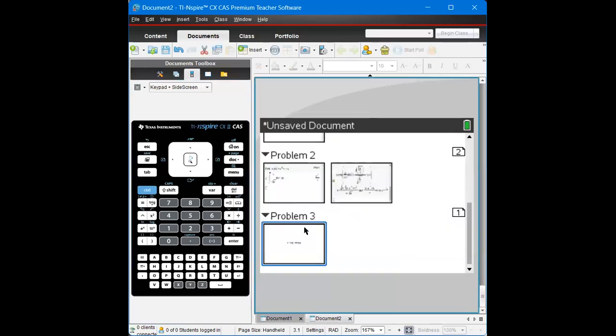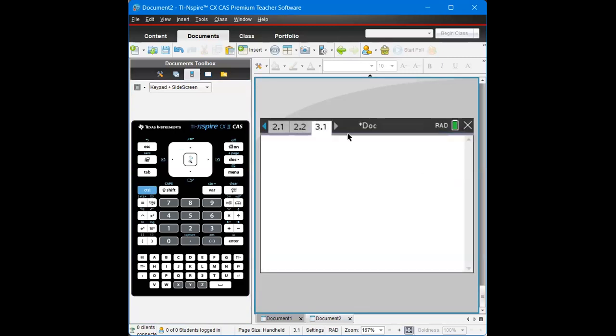In fact, I will insert another problem and define C1 of t equals 65 exp. Exp is the abbreviation of exponential function, okay? Then in the bracket, you just type the exponent. Okay, so C1 of 2.